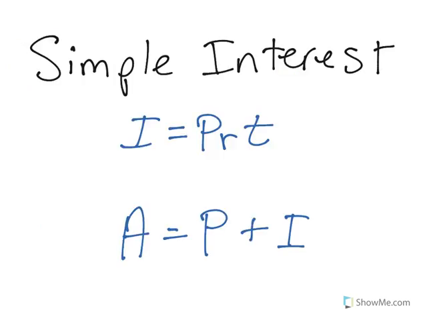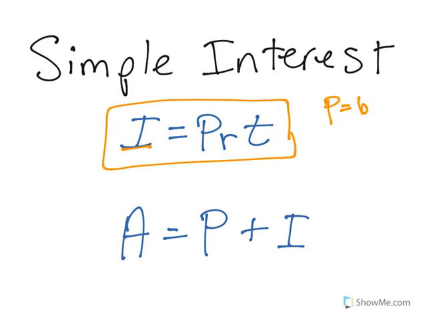Okay, let's talk about formulas. So simple interest. You probably have recognized the simple interest formula. Interest equals the principal, right? Principal is the beginning amount. R is the annual interest rate, often called the APR, the annual percentage rate. And then T is the time in years.